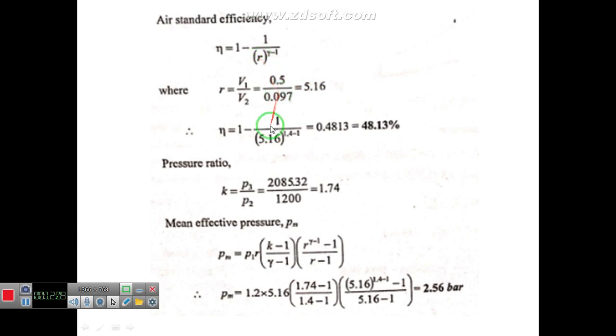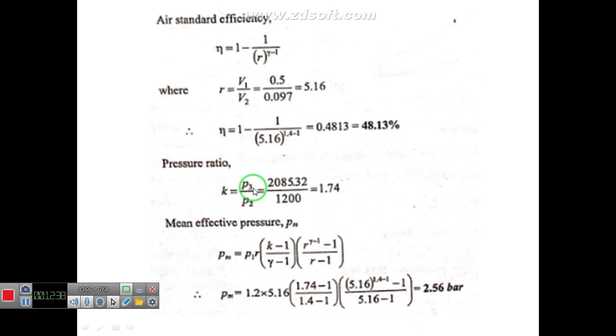Putting the values in the efficiency formula: 1 minus 1 divided by 5.16 power of (1.4 minus 1). So our cycle efficiency is 48.13 percent. Next we find the pressure ratio, whose notation is K. K equals P3 divided by P2.